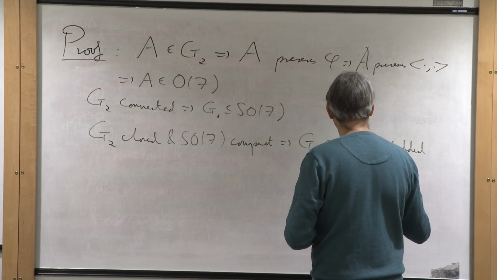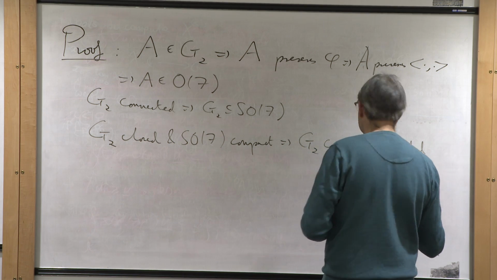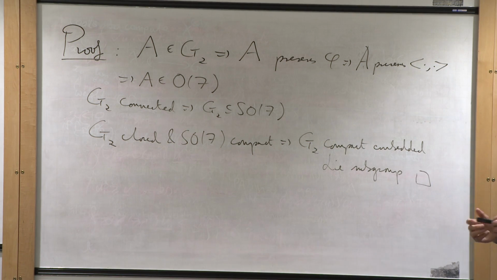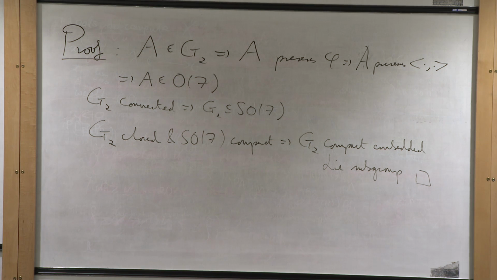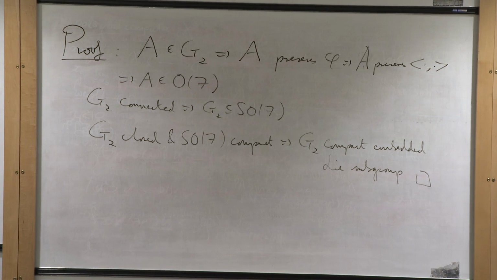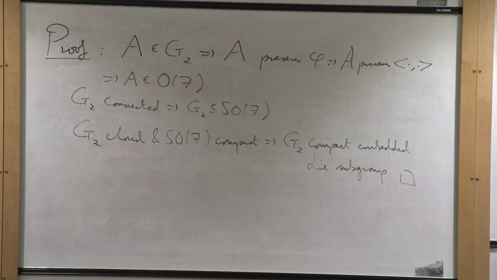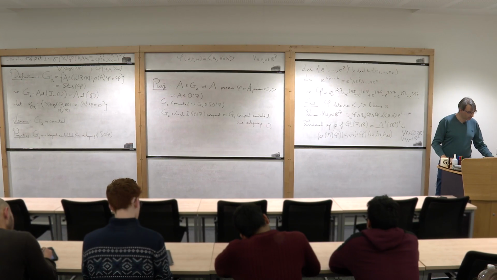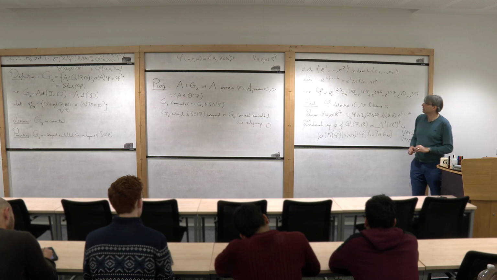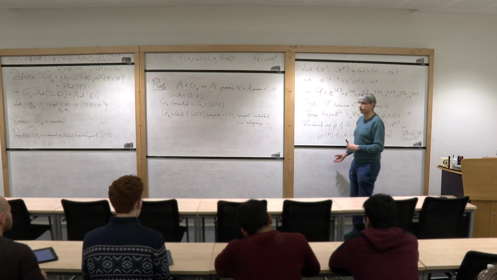By our theorem, we had a theorem that said if you had a closed subgroup of a Lie group, then that's the same as the embedded Lie subgroups. So that's what we're bringing to bear at this point, which is very nice. Is that okay? Great.